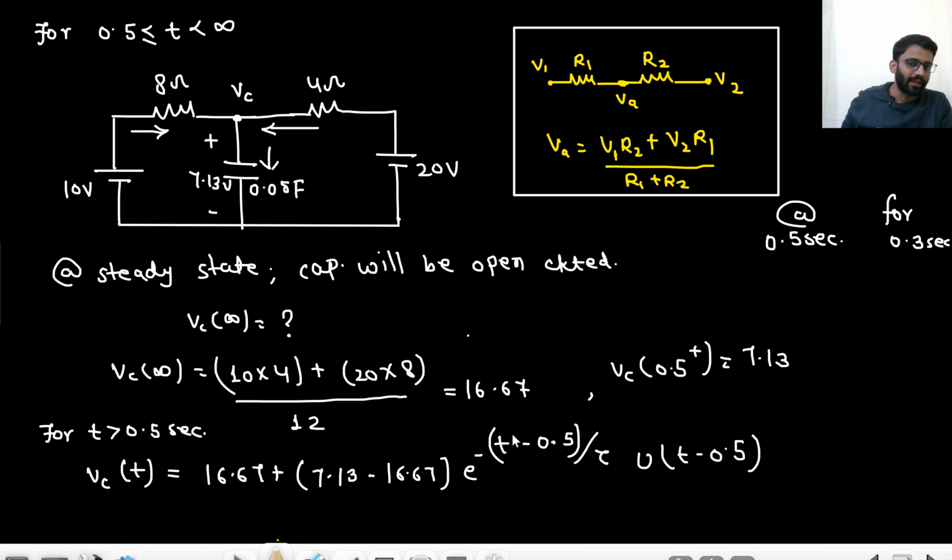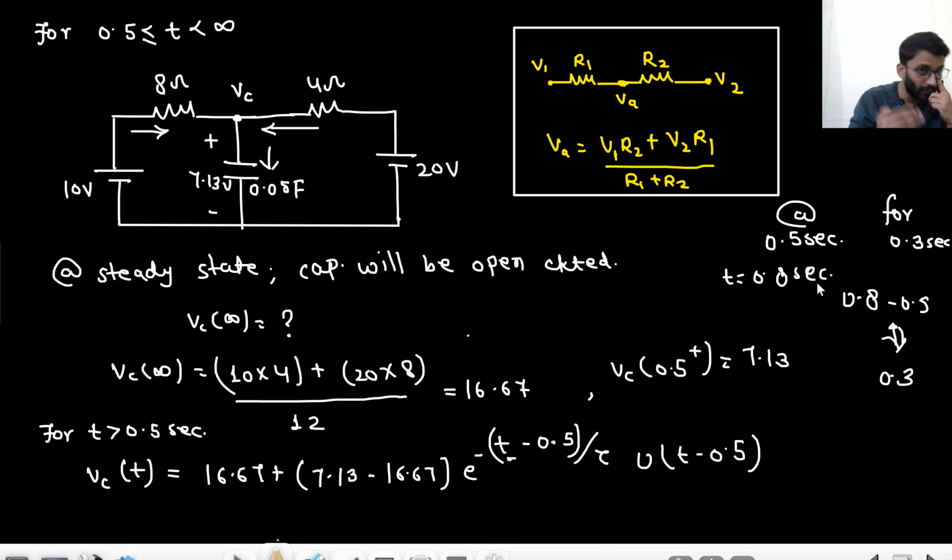But at time t, you have to put 0.8. So 0.8 minus 0.5 would give you 0.3. Let's just assume I need to find the value of capacitor voltage at t equals 0.8 second. The switch is closed at 0.5 second and it is closed for 0.3 second. That means I need to find the capacitor voltage at 0.8 second.